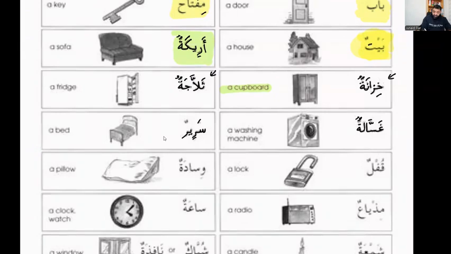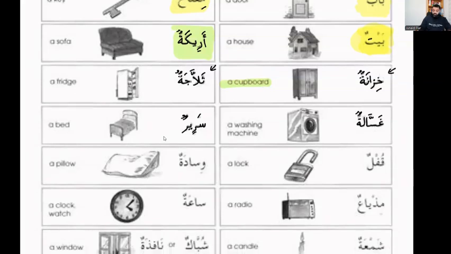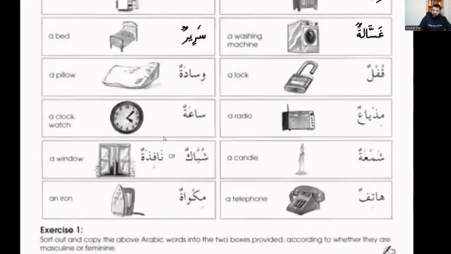Yes. Masculine. It's the word for a bed. Next one, we have the word for a lock. Quflun. It's masculine. Good. It's a lock.